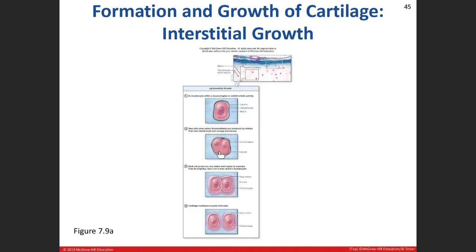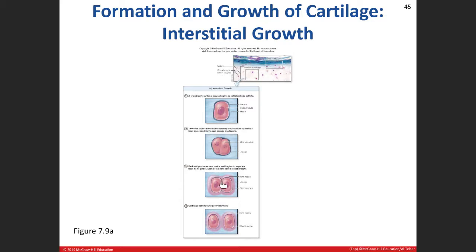So you have these two cells in the same lacuna, and they want to get away from each other. So what do they do? They both start to produce the cartilage matrix, and it gets secreted all around them. As it does that, it pushes the two cells away from each other.